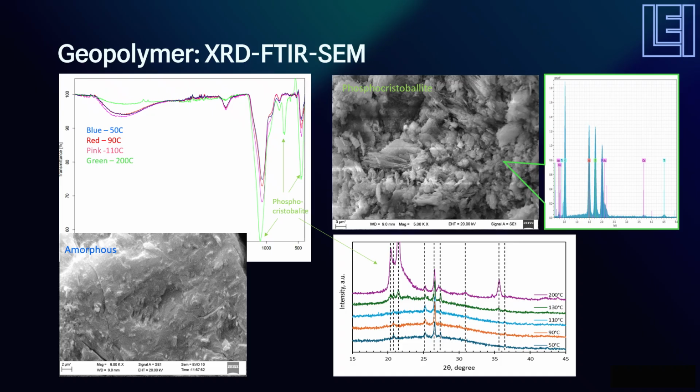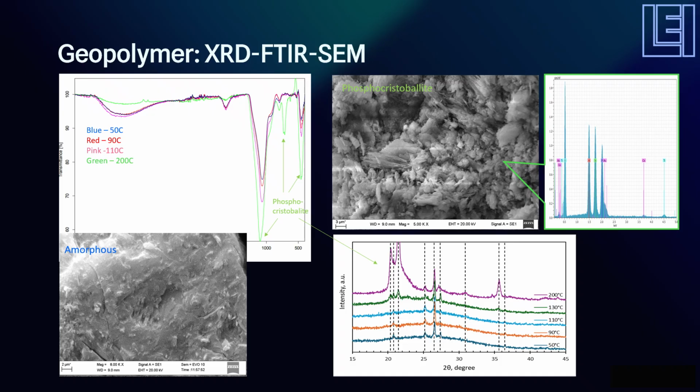The formation of phosphocristobalite, having the same chemical formula as berlinite, started nearly at 200 degrees. FTIR analysis shows symmetric and asymmetric stretching vibration of OH bands and HOH bending vibration of water in geopolymers heated even up to 200 degrees.